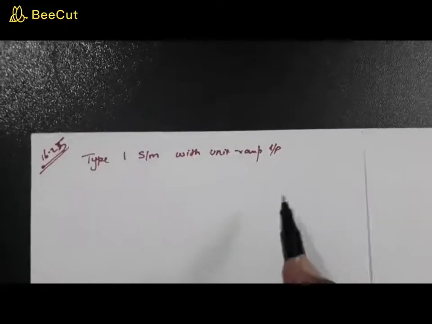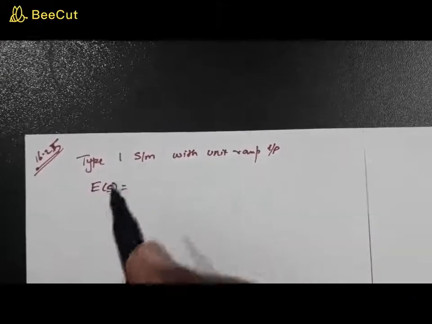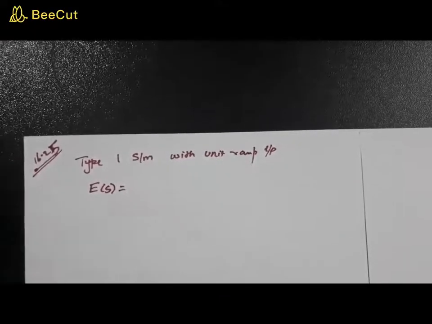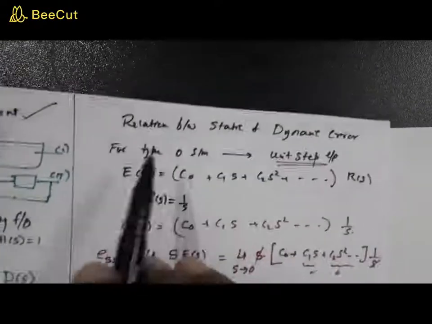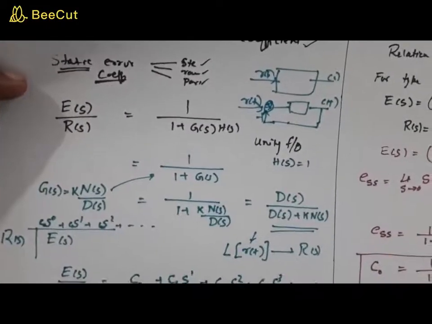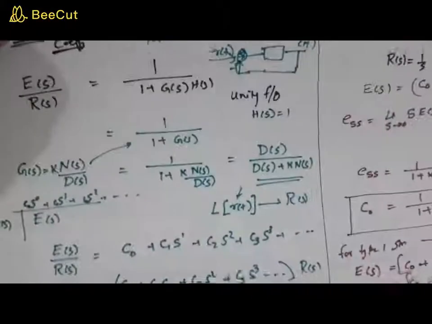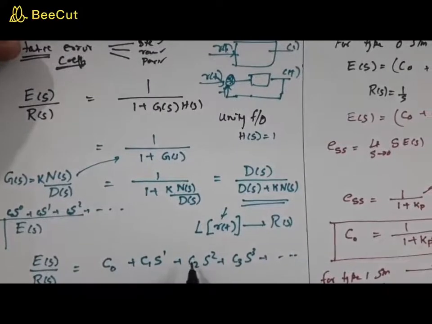Unit ramp input. Now, when you write this error equation, we have just seen the error equation is E of s is z0, okay, you know how you got this. This is c0 plus c1s into, and this is a general expression.